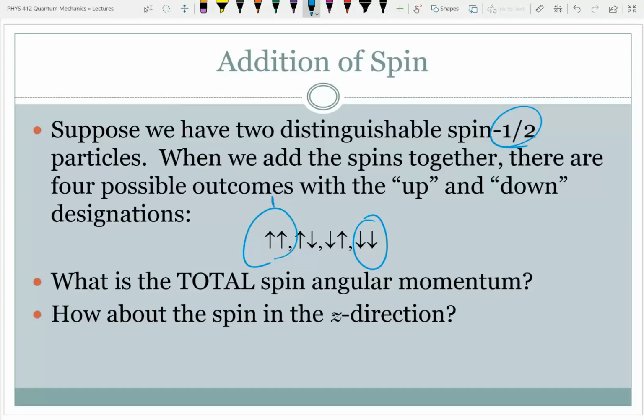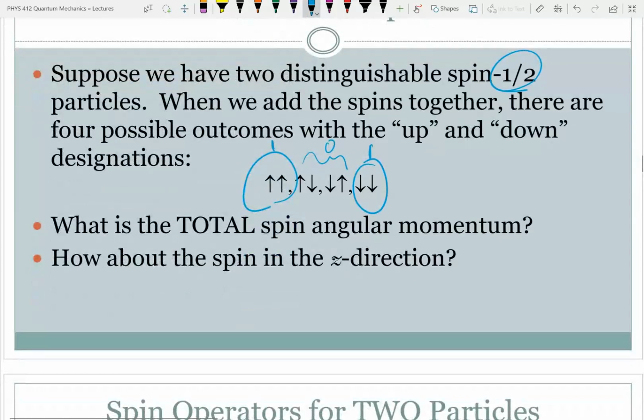Now, the total spin is only a positive value, so this would be 1 again. Remember, the orientation can go from -L to +L. So if the orientation is -1, then the total must be +1. So what about these two in the middle? 0 then, since their orientations are opposites.